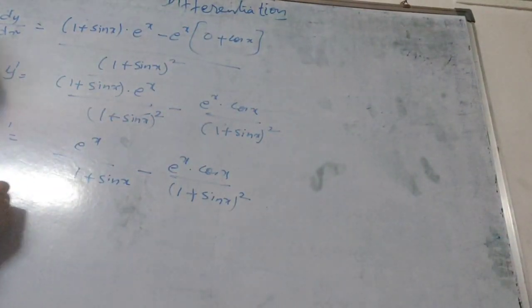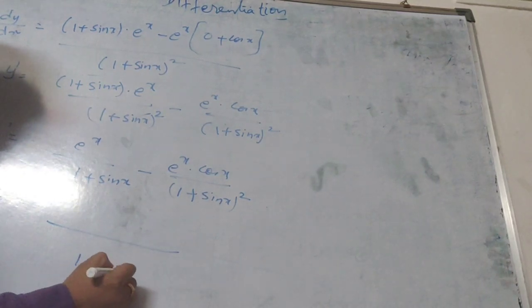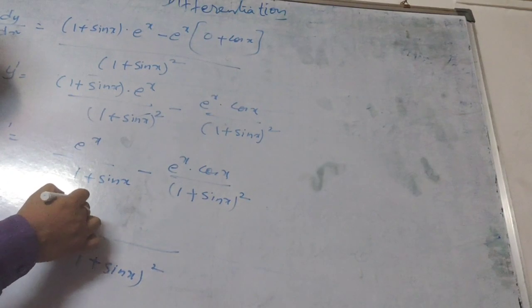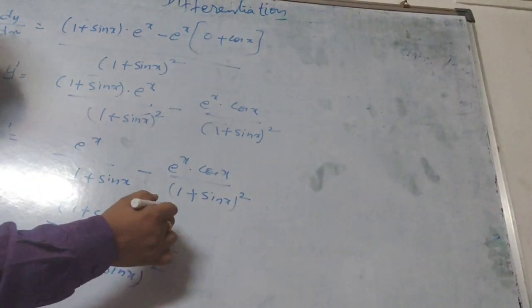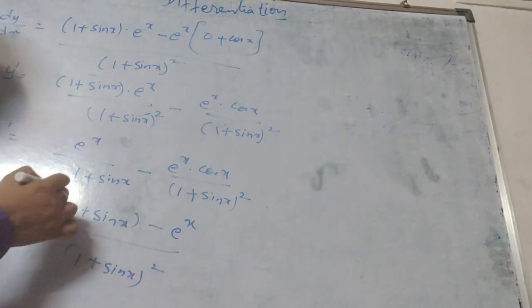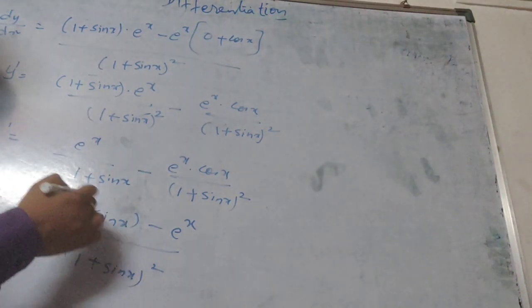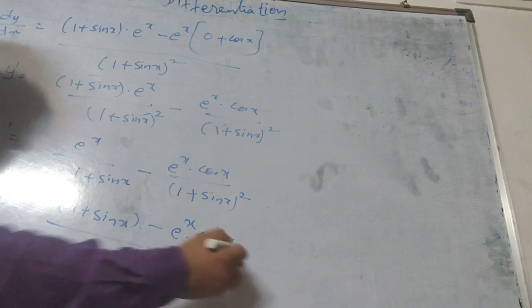This one can also be written as, you can take common. If you write like this also it's fine. So if I take 1 plus sin x the whole square common, then I'll have 1 plus sin x into e power x minus e power x into cos x.